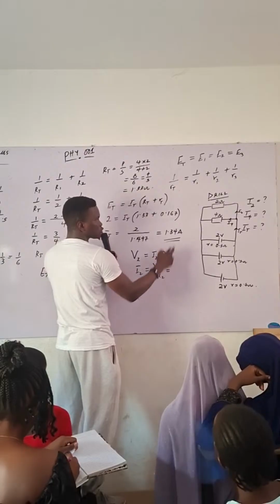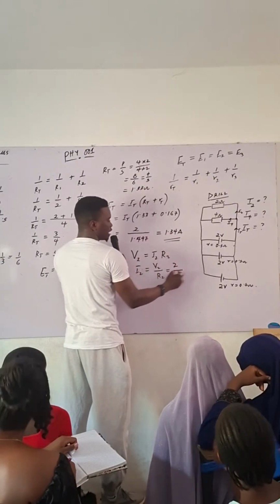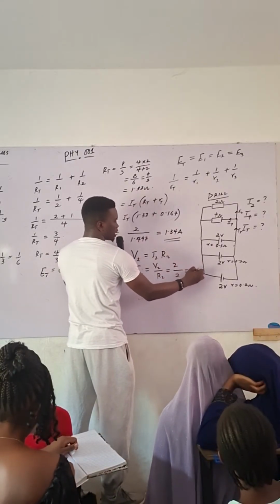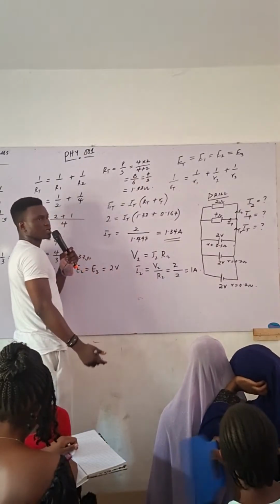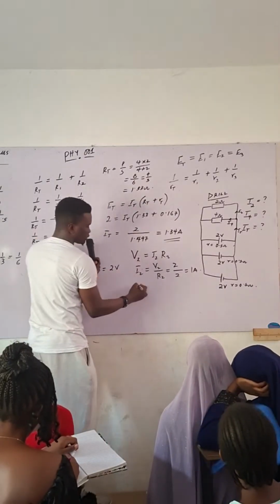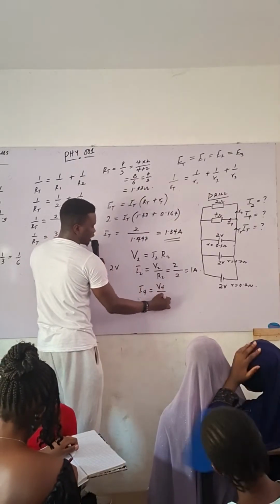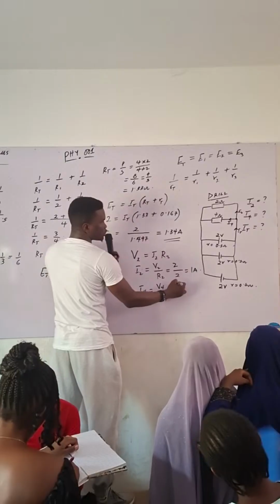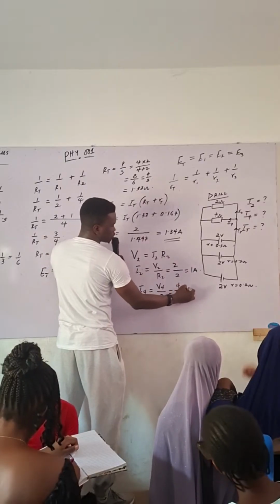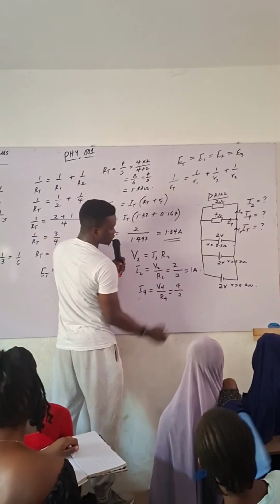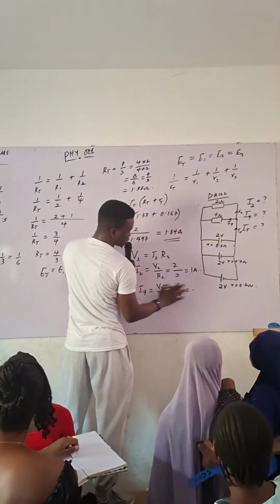So what's V2? 2 over 2, and that's what? 1 ampere. Do you understand that? Therefore I4 is going to be V4 over R4, and that's going to be 4 over 2.